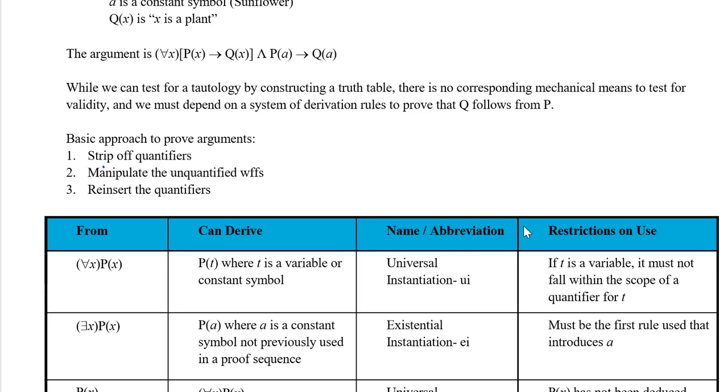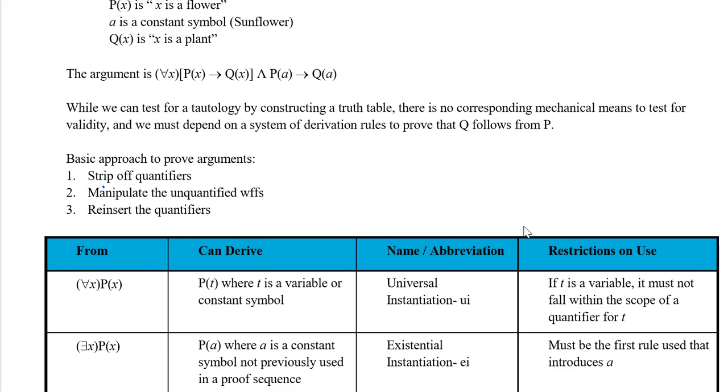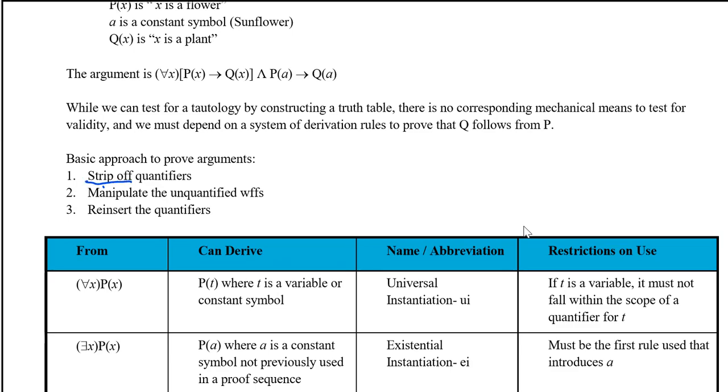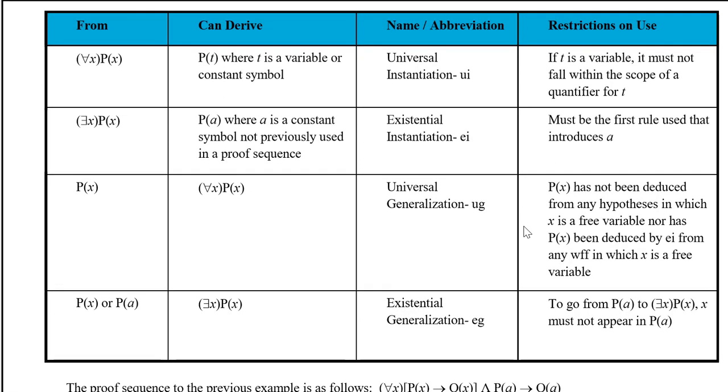So the basic approach to proving this argument: strip off the quantifier, manipulate the well-formed formula, that means using an inference rule or an equivalence rule, De Morgan, and so on, and then at the end you reinsert the quantifier. So these two and two, or four, rules are here.